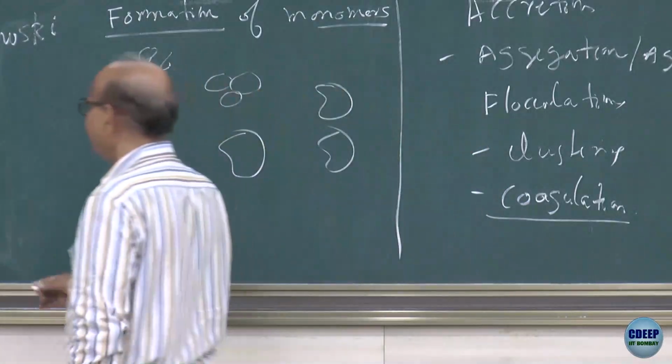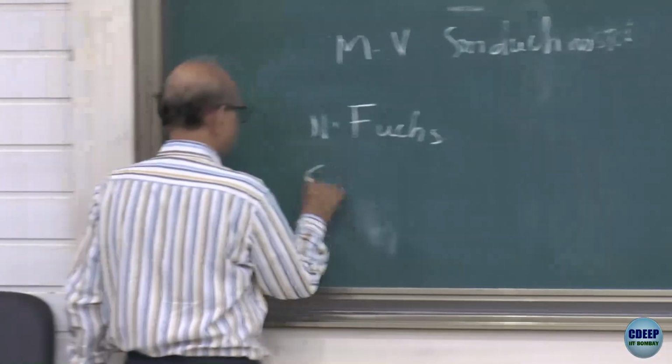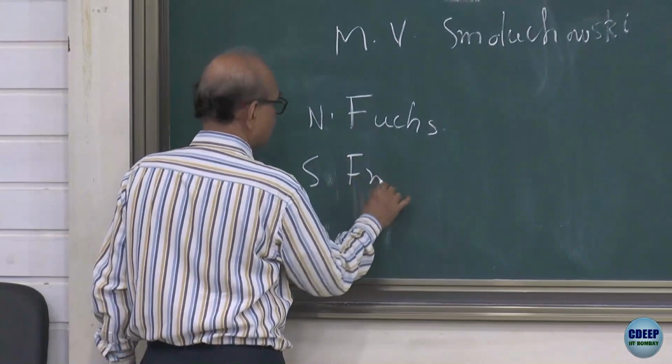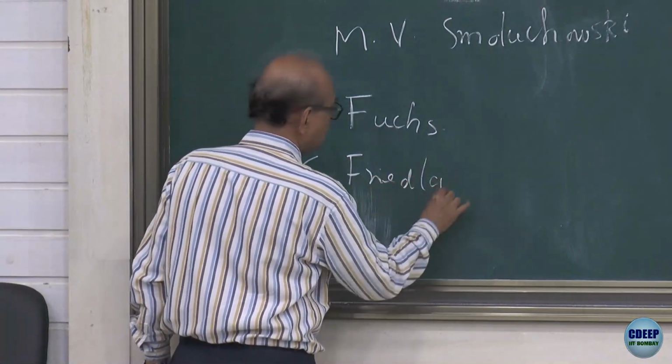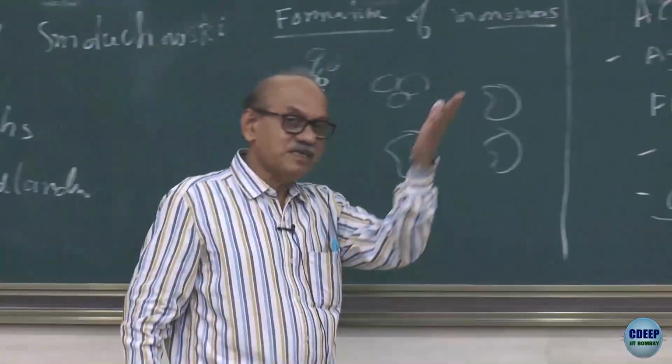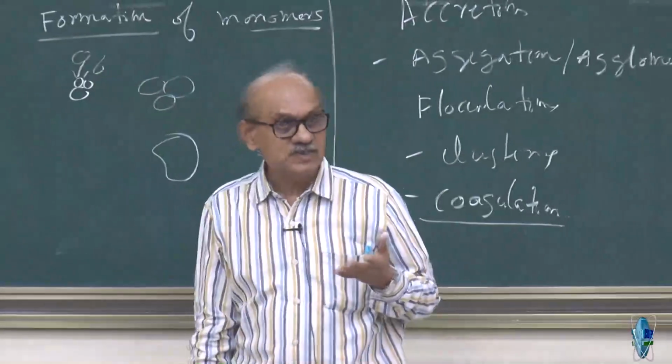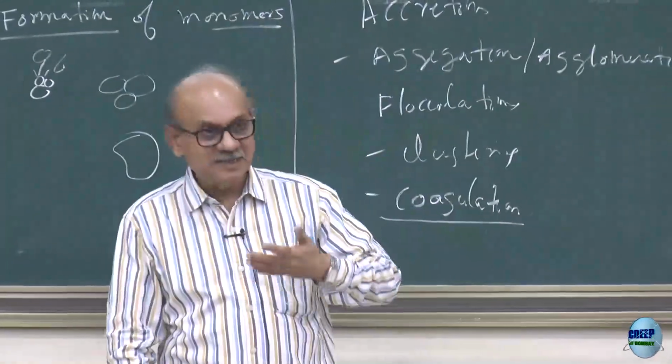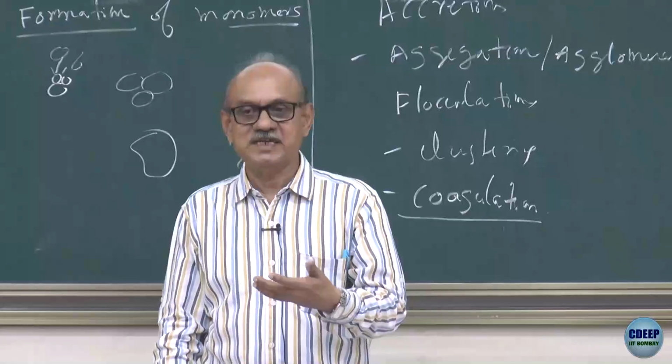Then of course Sheldon Friedlander adopted the coagulation model to explain the formation of the size spectrum in the atmosphere, and the theory of aerosol reactors was also introduced by him.